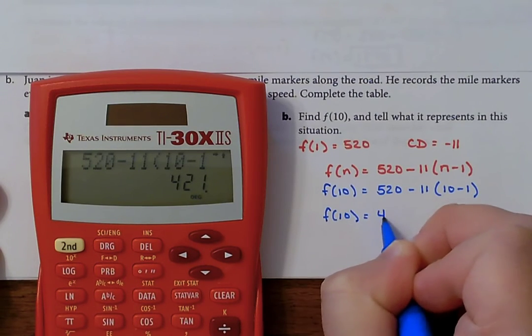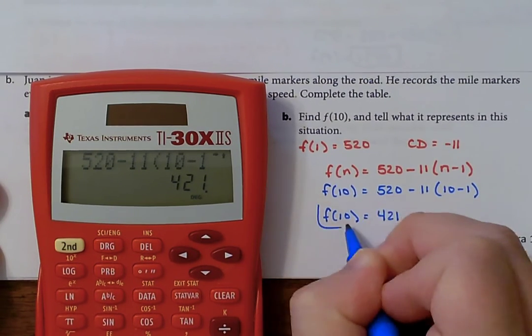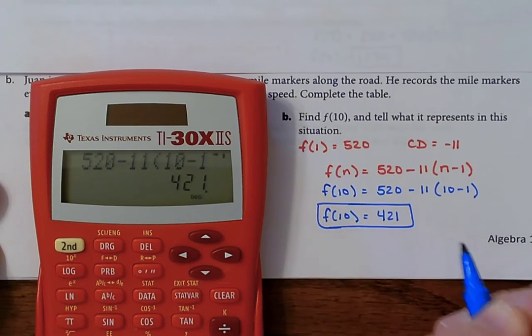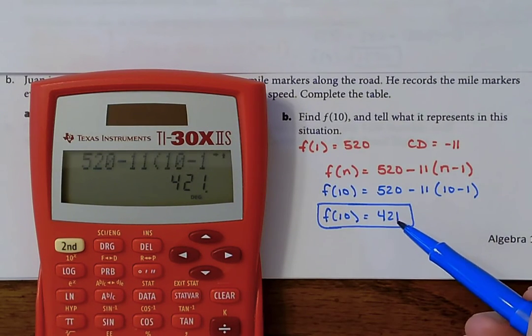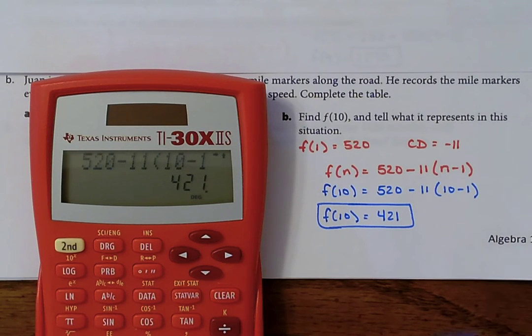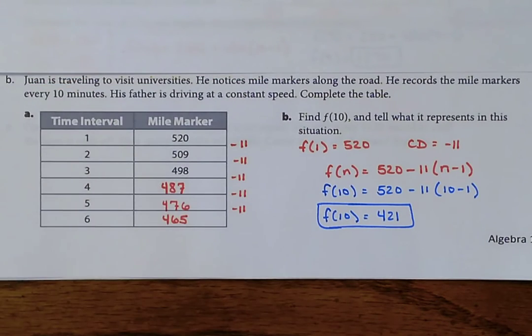for our 10th term. So our 10th term is 421, and this 421 means after 10 time intervals, they are at mile marker 421.